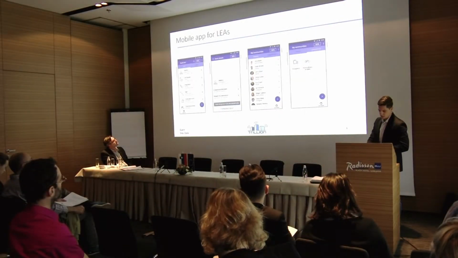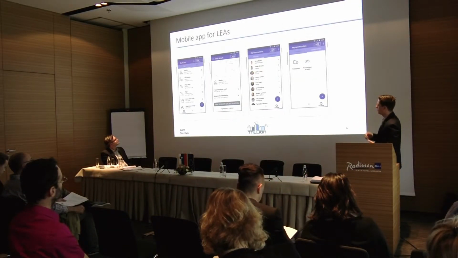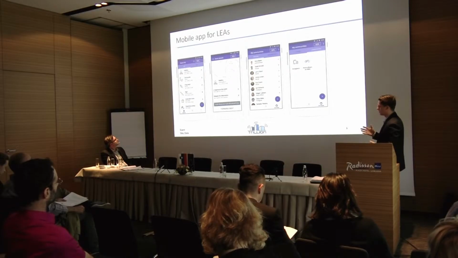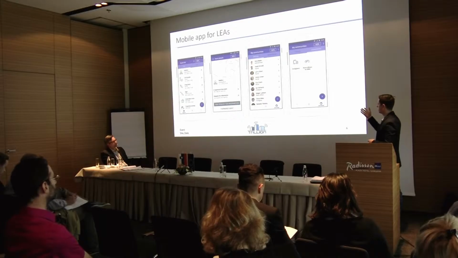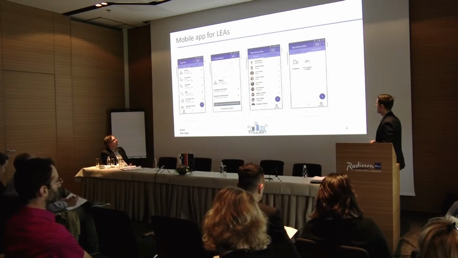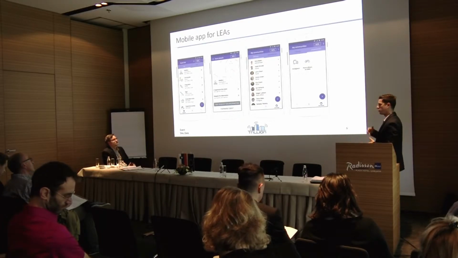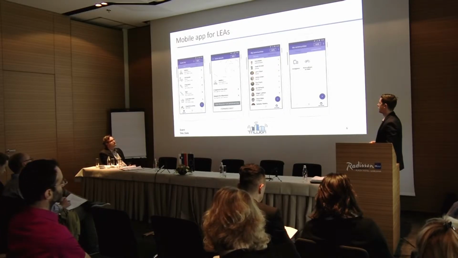They can request citizens to provide more information on that event, or forward the event to their LEA friends. Law enforcement agencies can also collaborate in communities, their own communities or communities that were created by citizens. And this is the desktop application, with the same functionalities as the mobile application.